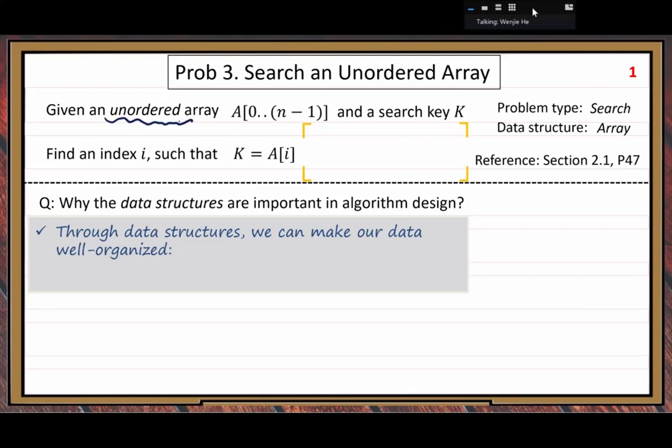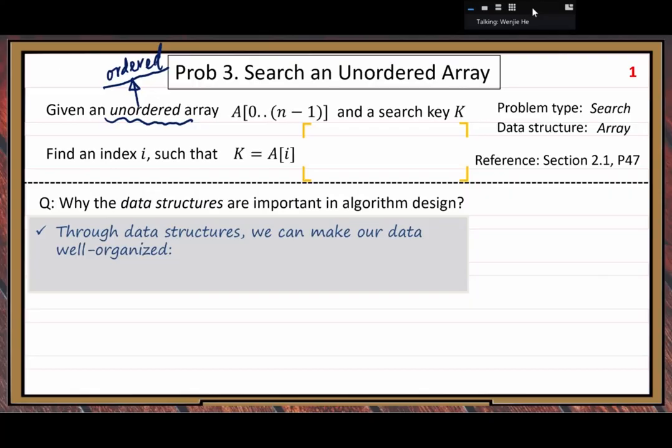Think about it. If we can make this data ordered, that's a data organizing step, right? You order your data, so we organize our data.